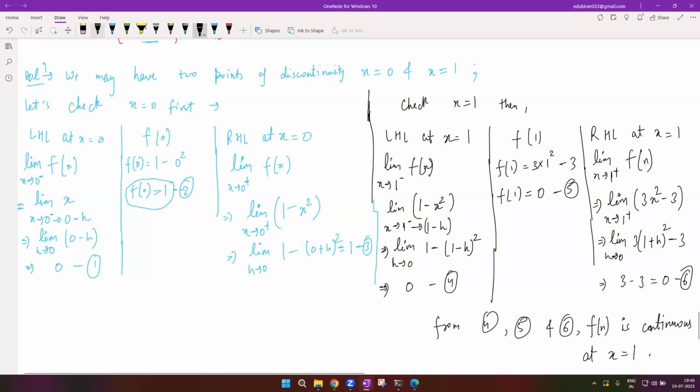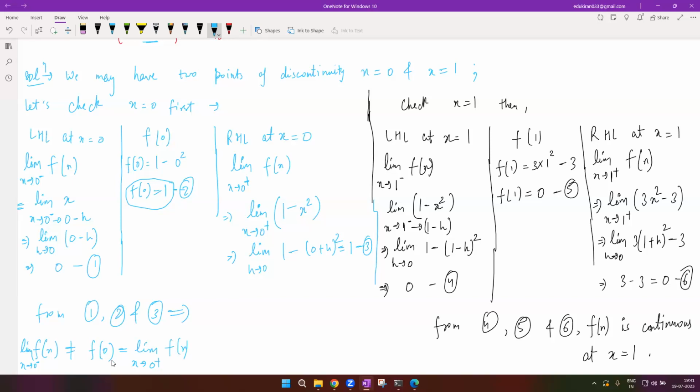Right? And here we can write that from first, second, and third, limit x tends to 0 negative f(x) is not equal to f0, but f0 is equal to limit x tends to 0 positive f(x).